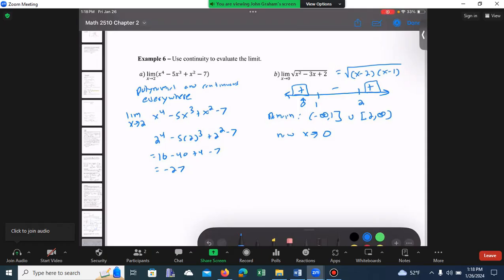And so this function is a radical and defined from negative infinity to 1. So it's continuous from negative infinity to 1.